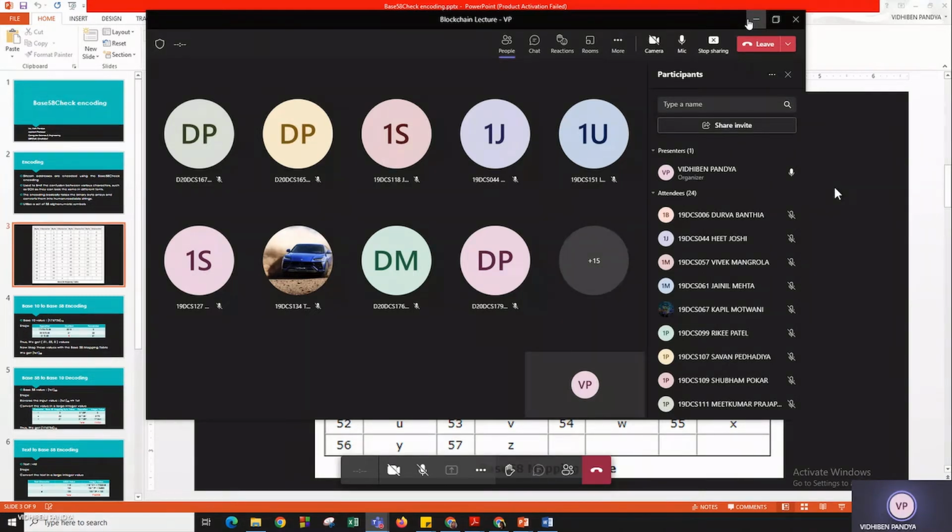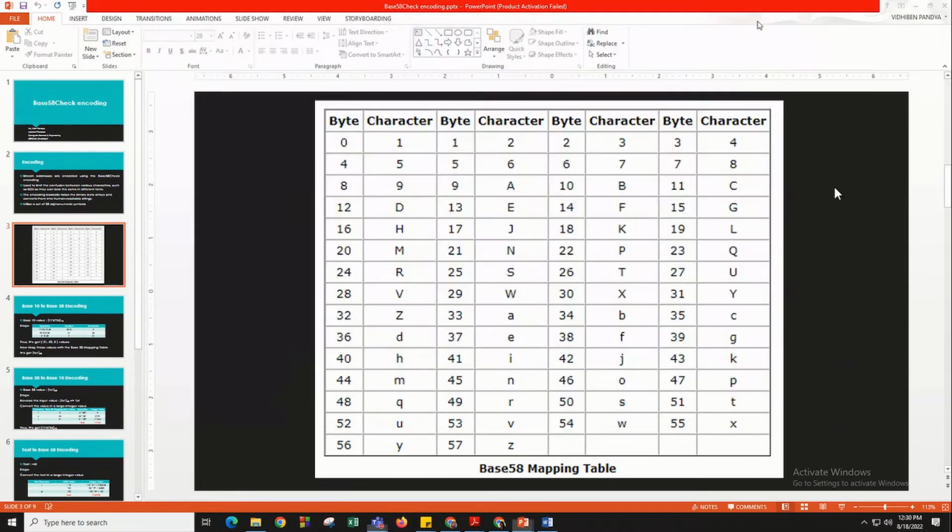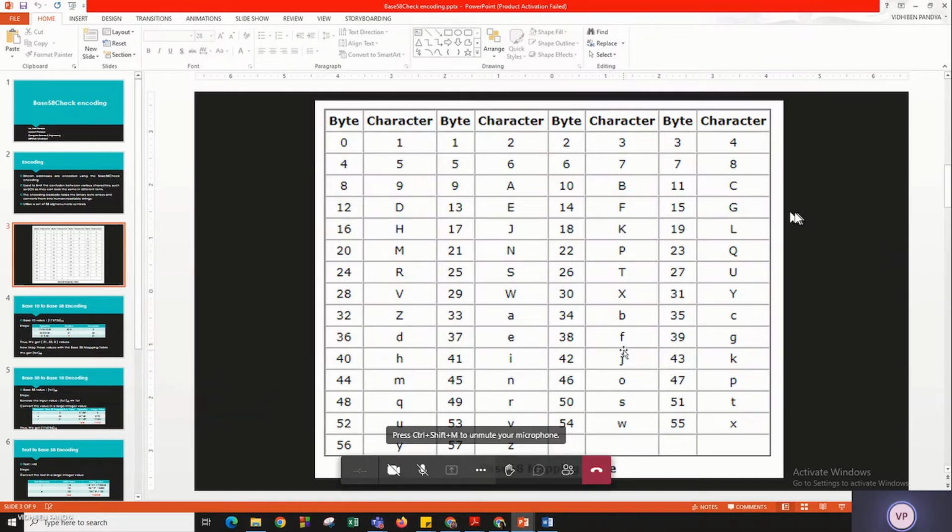So whenever we are writing A to Z, it will get confused about which character to understand, because the ASCII value for capital is different and for lowercase is different, right? So that is why in the character set we need to consider both cases. Are you understanding?